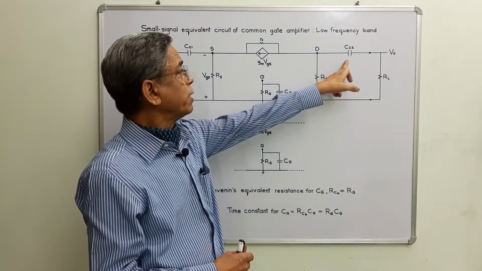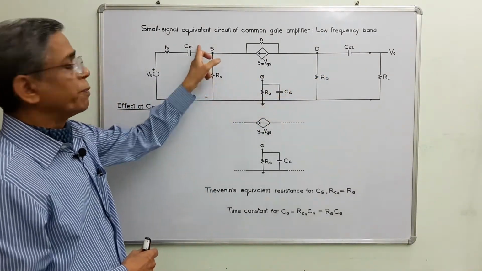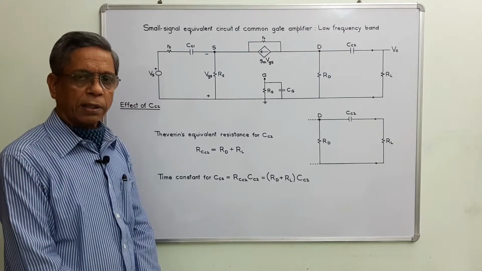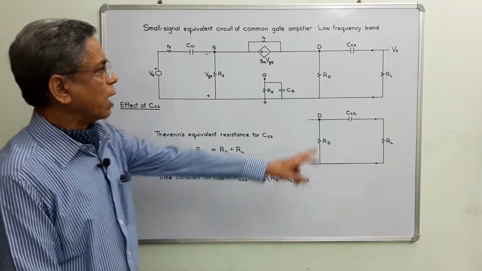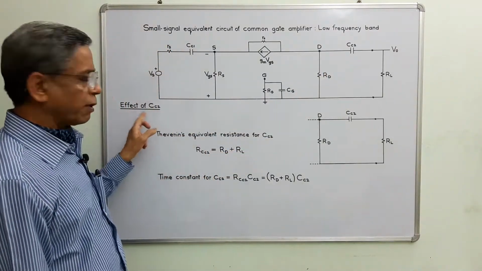On the next page, under step number 3, I will select this capacitor and study the effect of this coupling capacitor CC2, and will consider these two as short circuit. As per the short circuit time constant method, in step number 3, I am selecting this coupling capacitor CC2 for the determination of its effect.